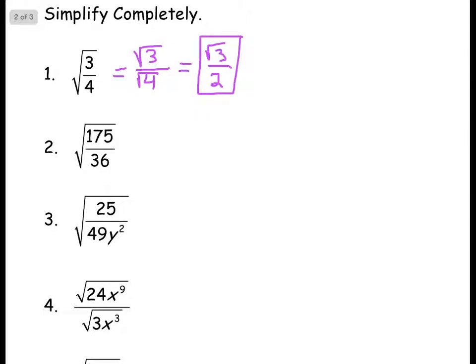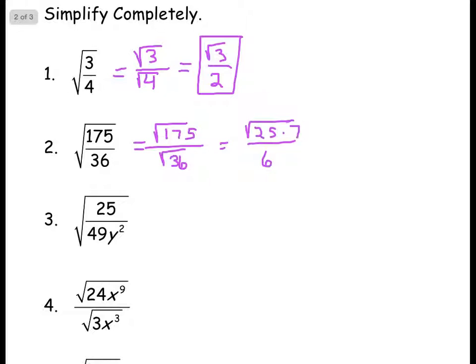We're going to do the same thing to number 2, so I'm going to take radical 175 on top, and radical 36 on the bottom. Now I need to simplify each different radical. The bottom I can see easily is going to be 6, and for the top I need to find the largest perfect square, which from previous problems I know is 25 times 7.